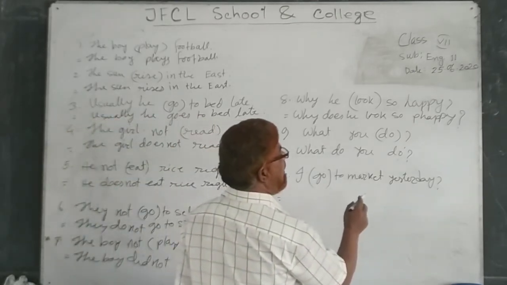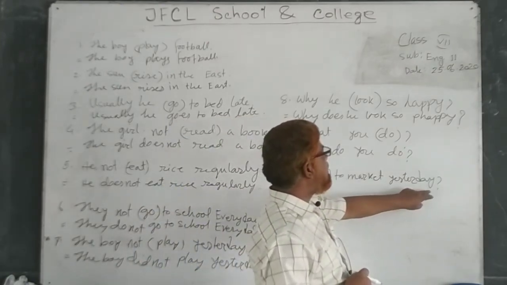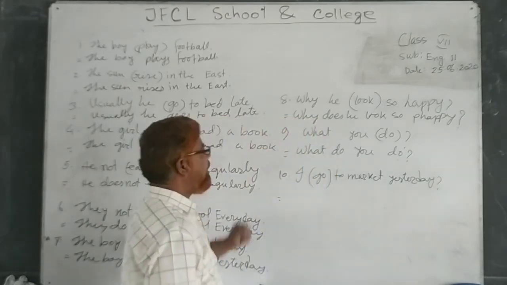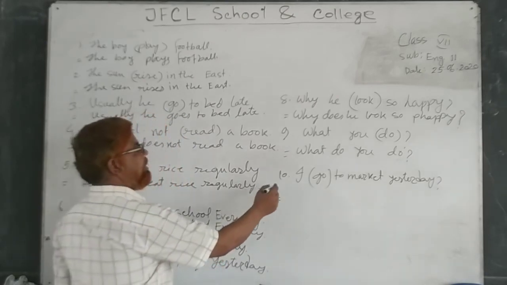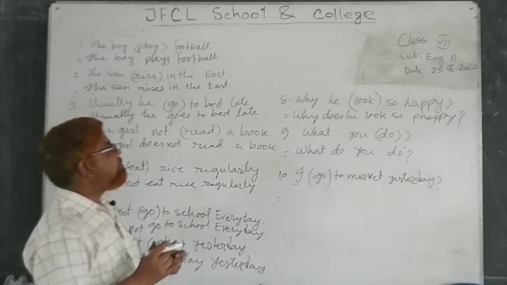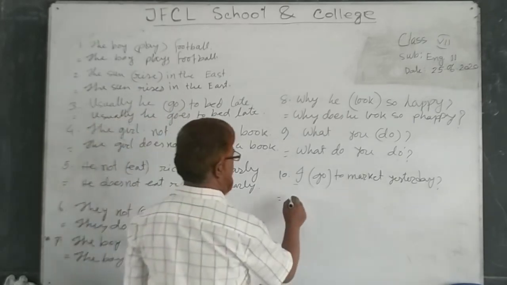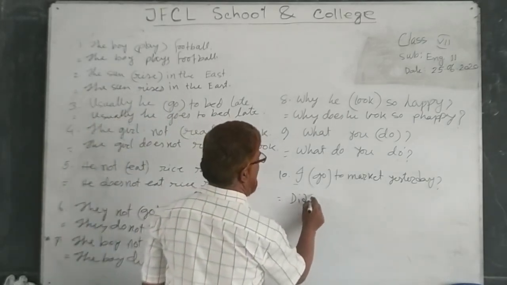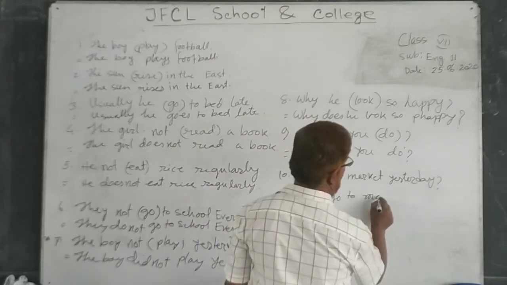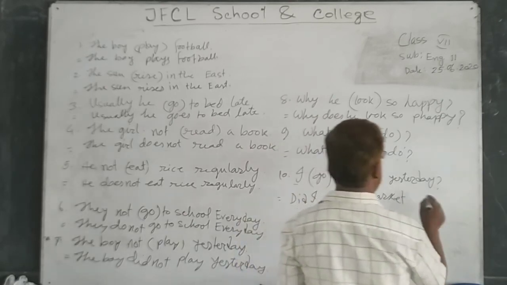And we also see the sign of interrogation after the sentence. So we use did before the subject. You know that before the subject we use some auxiliary verb to make an interrogative sentence. Did I go to market yesterday?